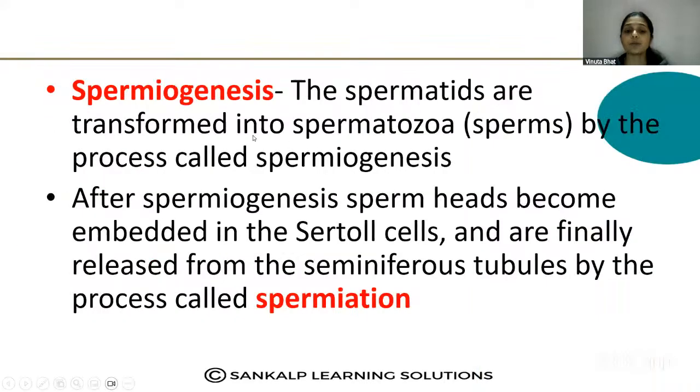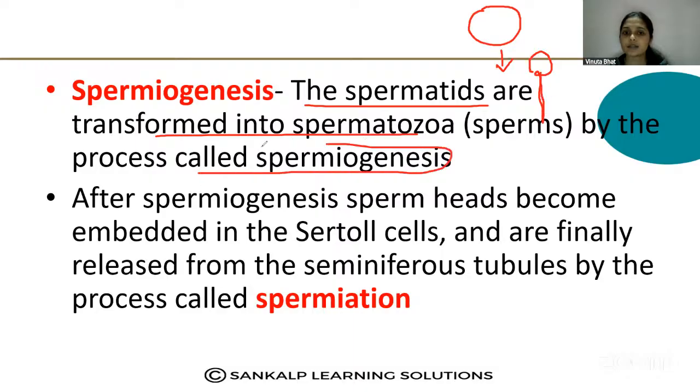Then spermiogenesis and spermiation, very important. The spermatids are transformed into spermatozoa. Spermatids are round in shape and they transform into spermatozoa, the sperms, by a process called spermiogenesis. Very important.